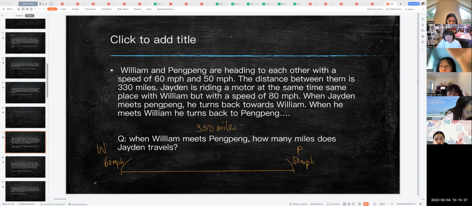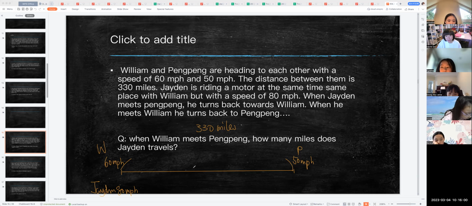At the same time, another student named Jaden is riding a motorcycle, starting at the same place as William, with a speed of 80 meters per hour. Of course, a motorcycle is faster, right? When Jaden meets Peng Peng, he turns back toward William.